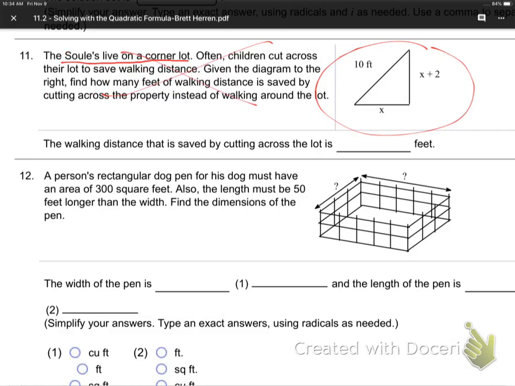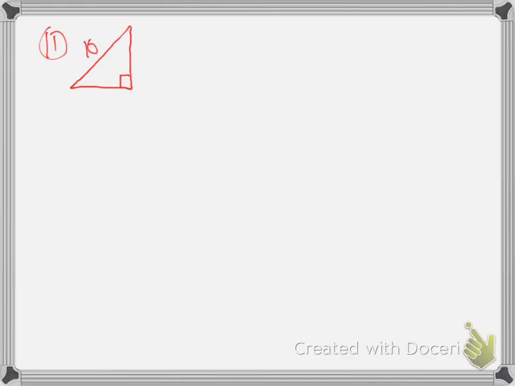So I'm going to go to a fresh screen here. Number 11, I'm going to draw that little triangle. And this side is 10x plus 2. Okay, so what formula do we use when we have a right triangle?